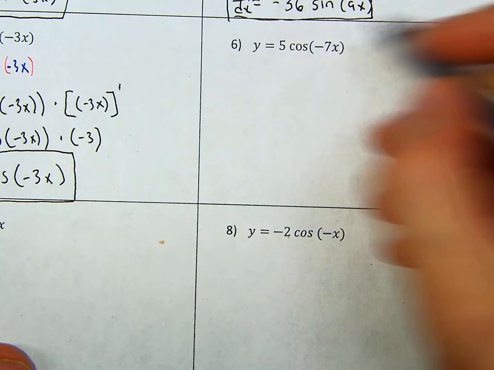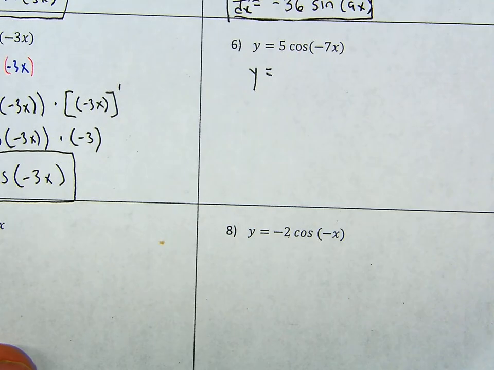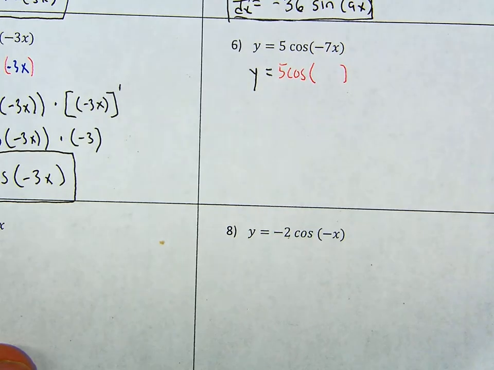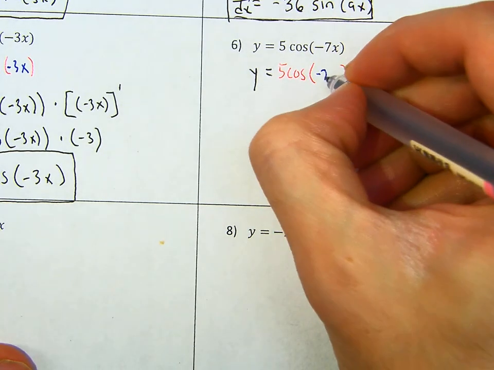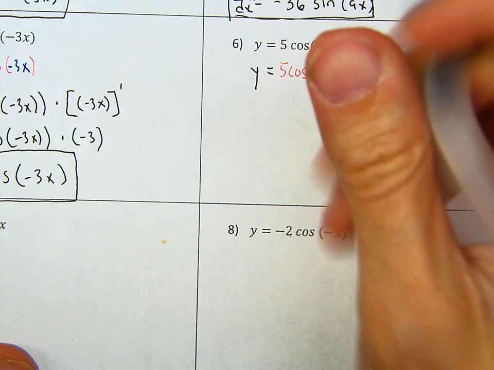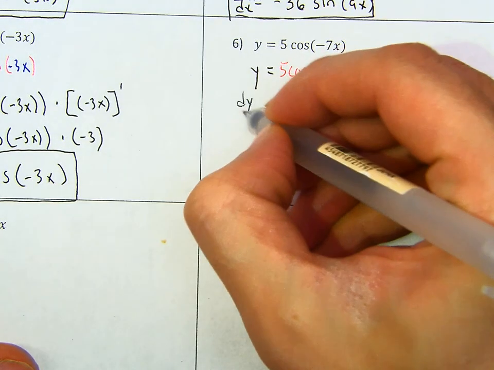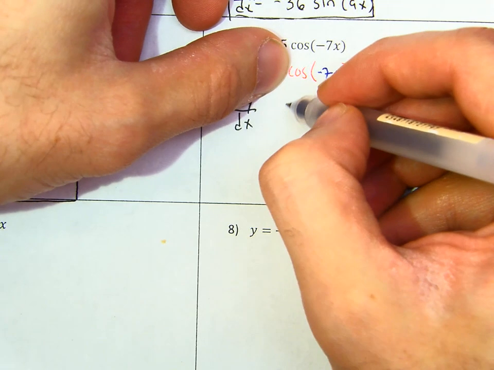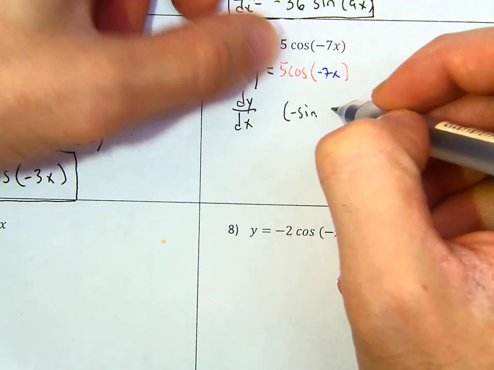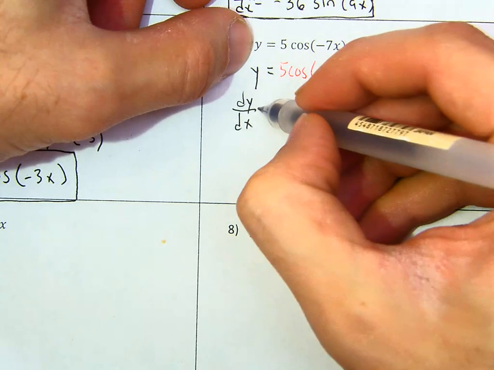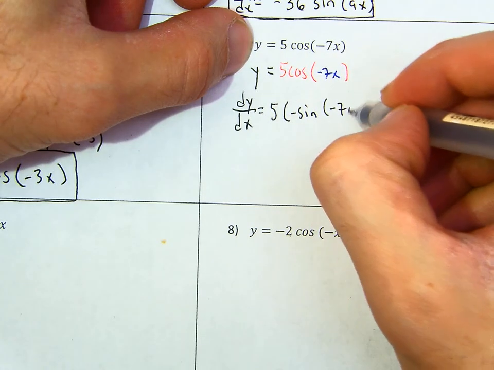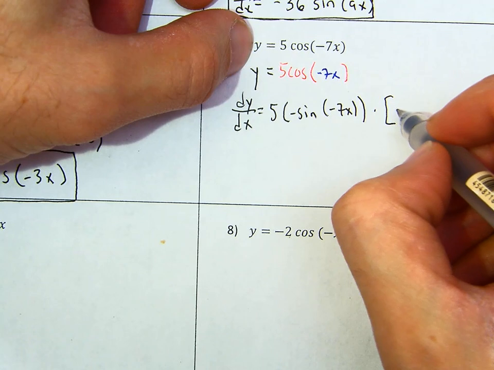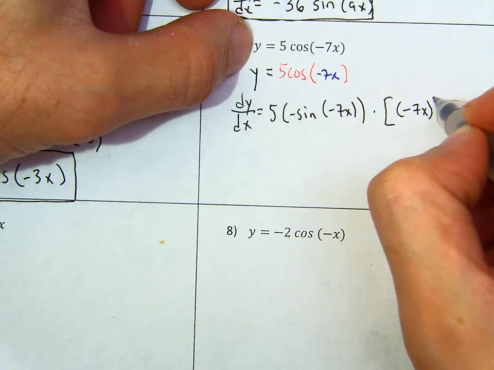Okay, number 6. What's the setup? 5 cosine. That's the outside. Negative 7x is on the inside. So here, what's dy/dx? What's the derivative of cosine? It's negative sine. And then we have that 5, right? So then negative 7x, that inside stays the same, times the derivative of what's on the inside, which is negative 7x.